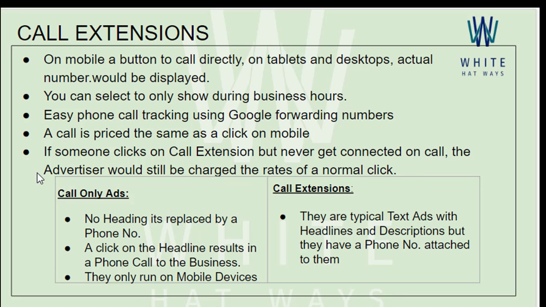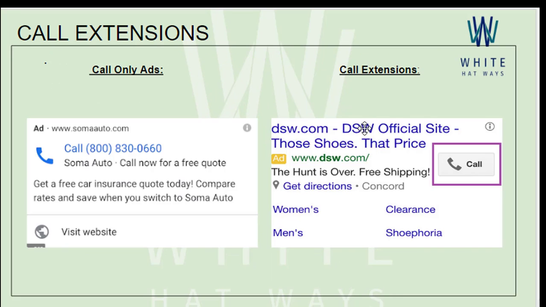The only difference is that they also have a phone call number on the right hand corner, onto which somebody can click while he is on the mobile phone and can directly call up the business. In case of desktops and tablets, it will be just information displayed pertaining to the phone number. He would not be presented this kind of a button.